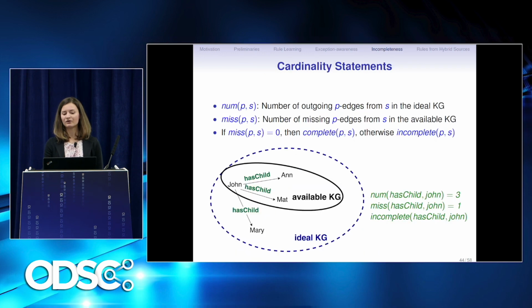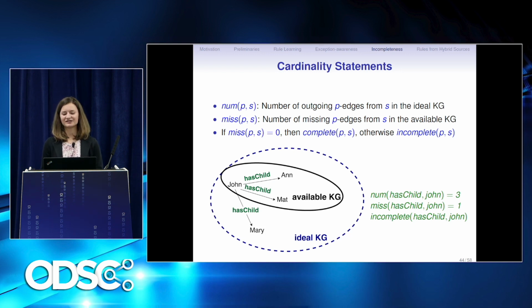So what kind of information would that be? Well, you see on the slide the area with the black border, stating that John has 2 children that are known in the available graph. So there is another child that is present in the ideal graph, that is the one that stores all correct facts in the world.